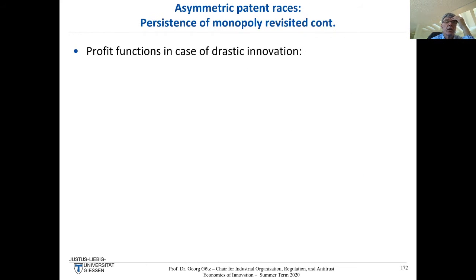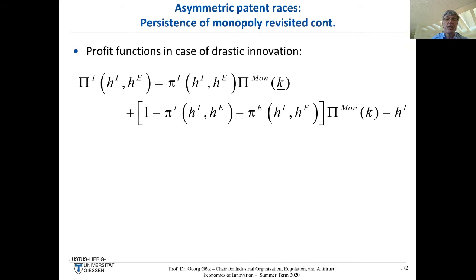Okay, because how do profit functions look in the case of drastic innovations? Now, in the case of drastic innovations, there is no duopoly profit. So either I'm the monopolist: if I'm first, I keep my monopoly position as the incumbent, and I have the new, lower production cost, or no one is successful.